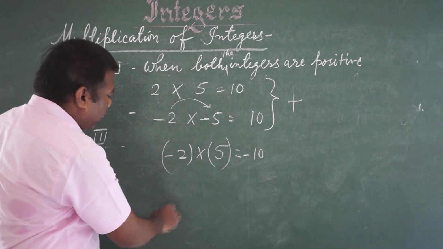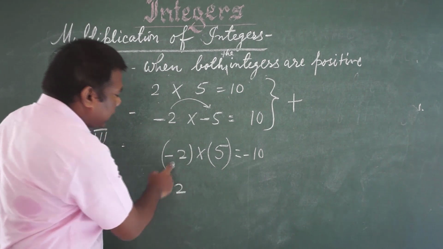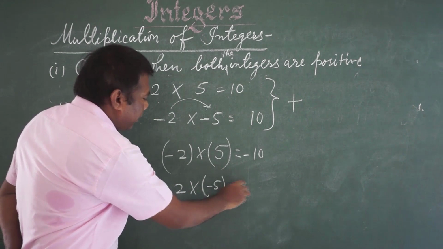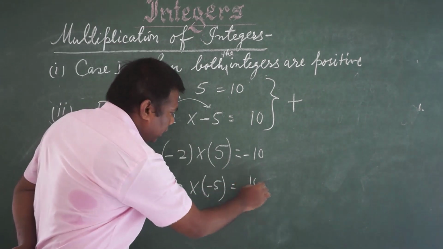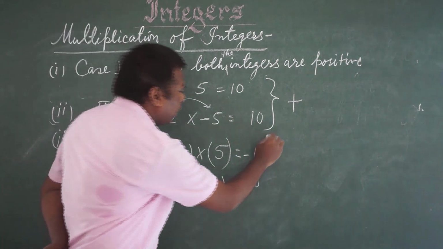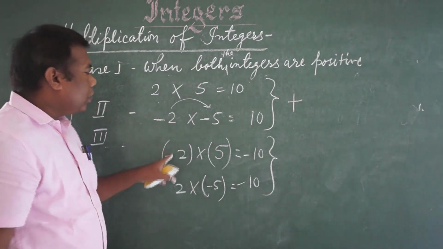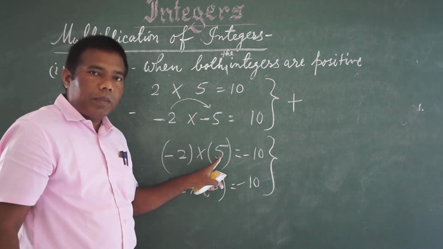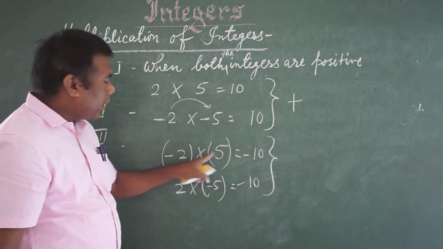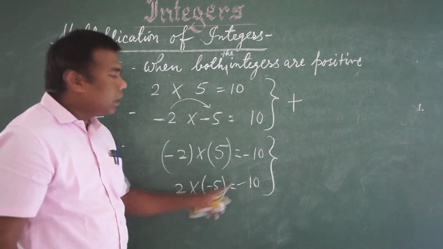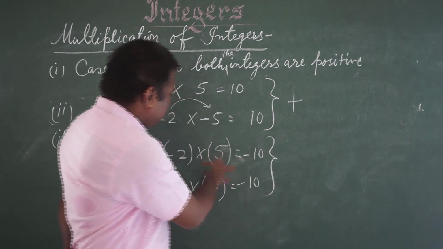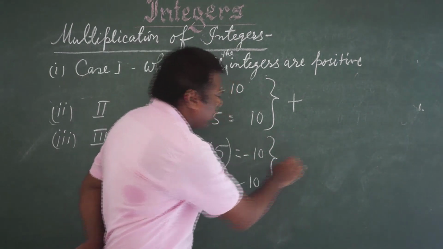Or in another way, if the first integer is positive and the second integer is negative, and you multiply again, 10 will come and the sign will be negative. It means what? When you multiply two integers of opposite signs, like minus into plus or plus into minus, you get the product and the sign will be negative.